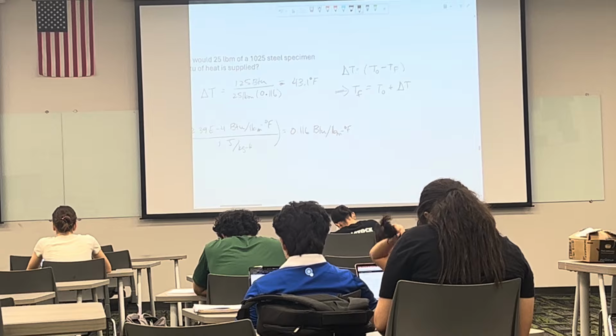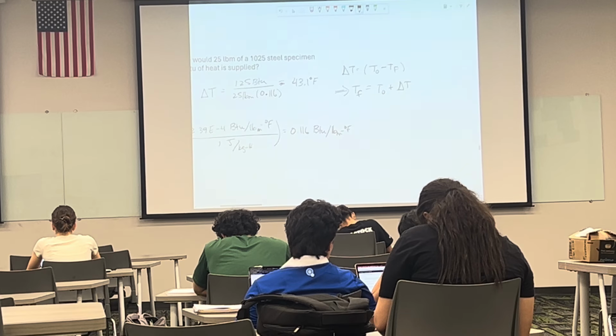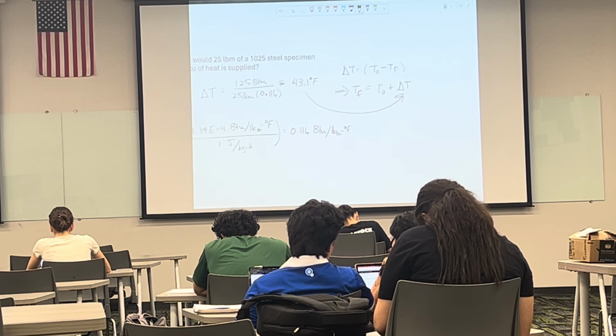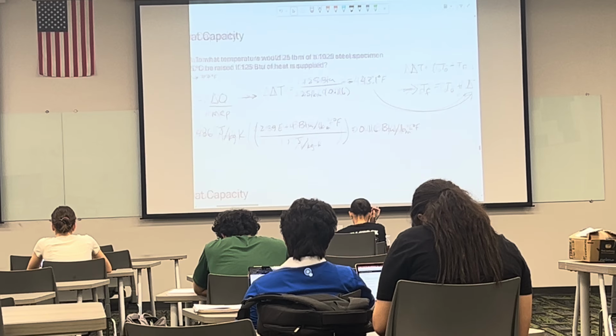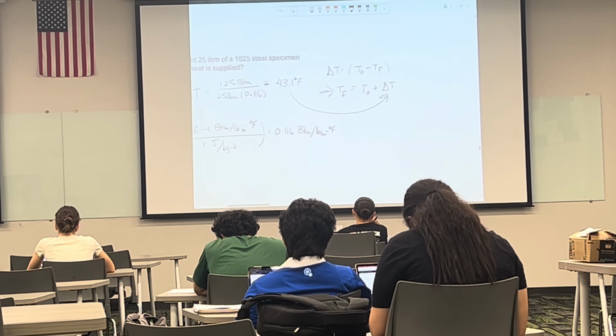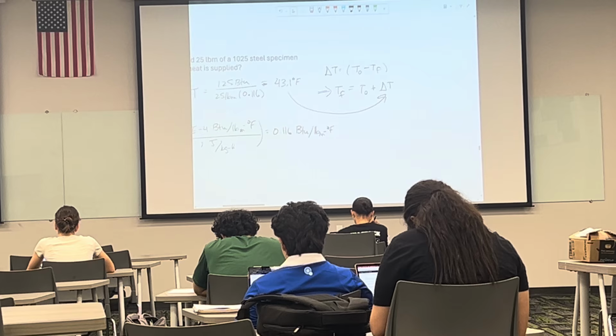So 77 degrees Fahrenheit added to the 43.1 degrees Fahrenheit that we have here. You should end up with a final temperature of 120.1 degrees Fahrenheit.